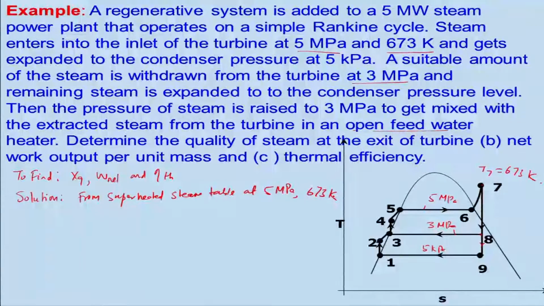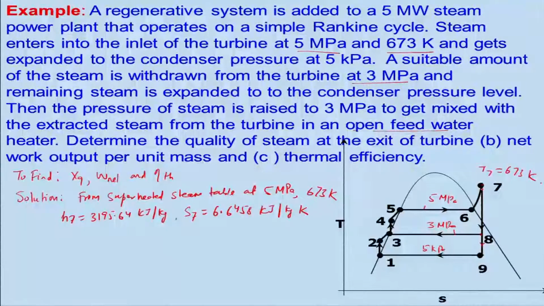I can get H7, that is 3195.64 kilojoule per kg, and similarly I can get the entropy, 6.6458 kilojoule per kg Kelvin.